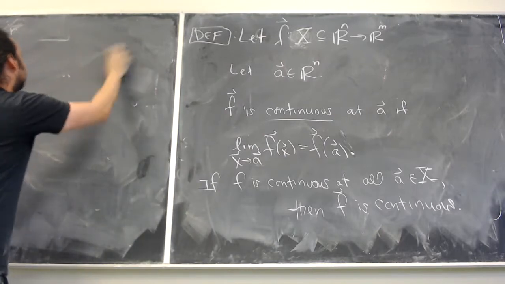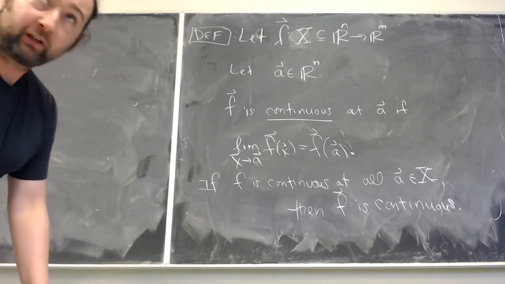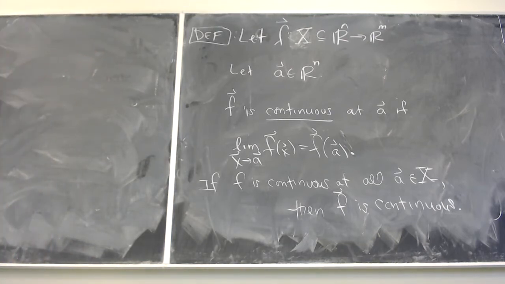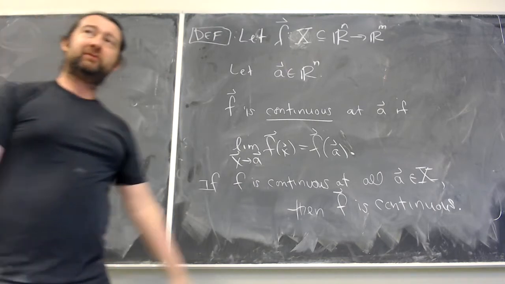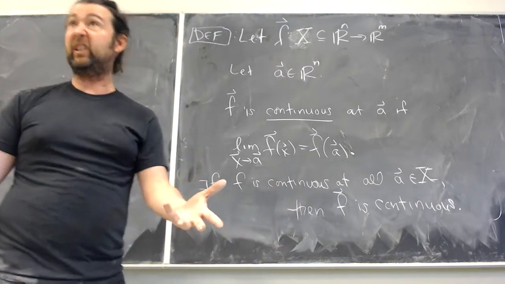And we have this really nice family of functions that are continuous everywhere. Except we're going to have to level up our notation a little bit because we're going to be dealing with polynomials in several variables. And that means we're going to come up with a notation for that that's convenient.